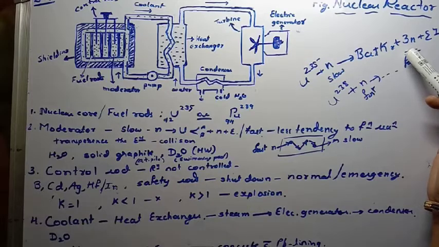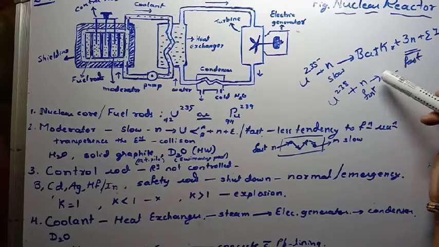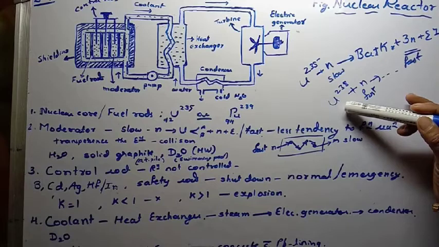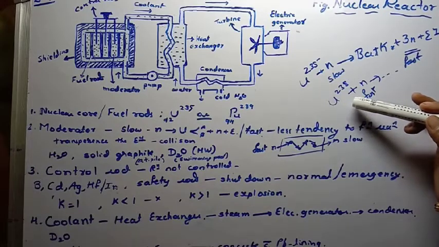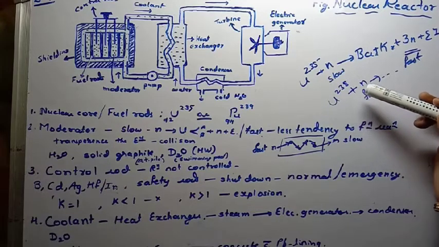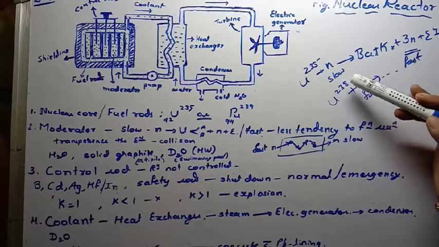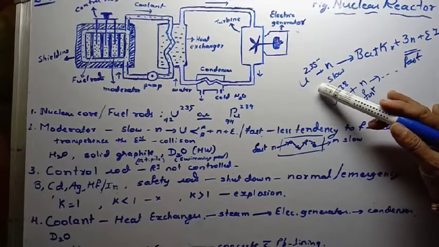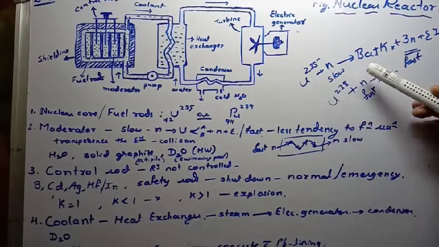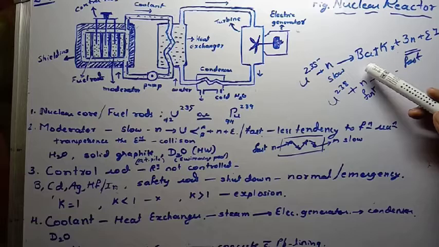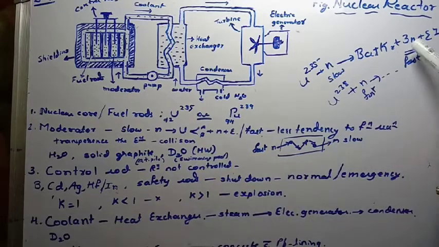Usually the fast-moving neutrons are readily absorbed by uranium-238, which is less fissionable, and slow-moving neutrons are readily absorbed by uranium-235, which is more fissionable. Are you clear? Therefore, it is necessary to slow down the speed of neutrons.